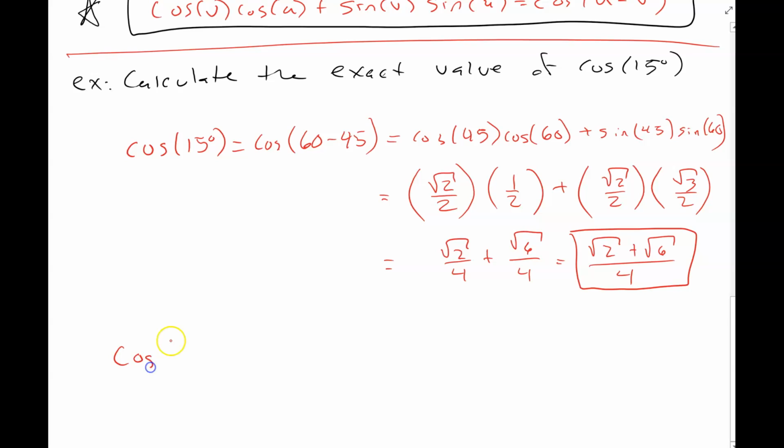So what if I wanted to do cosine of 105?